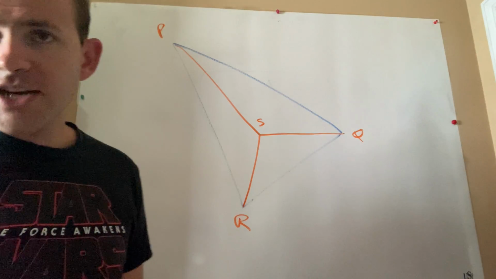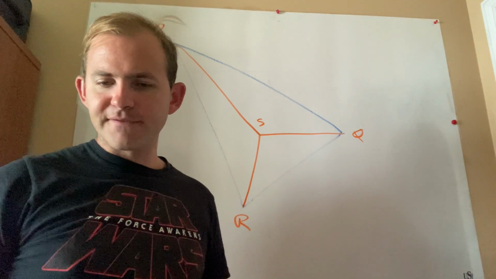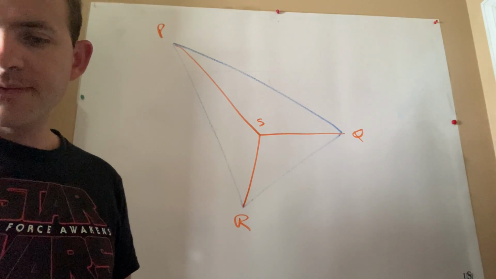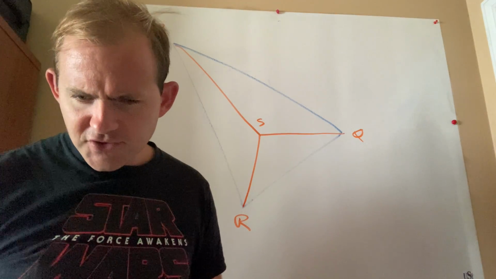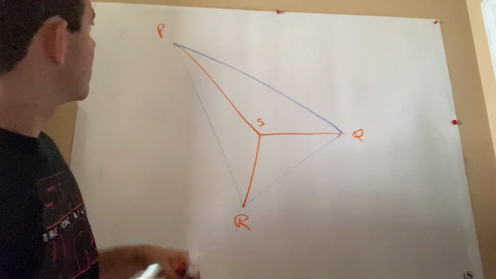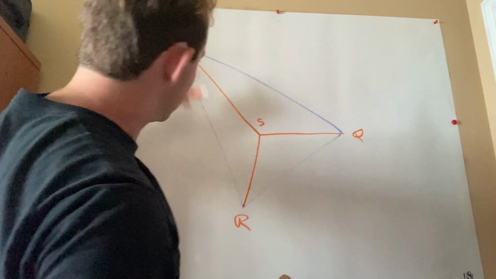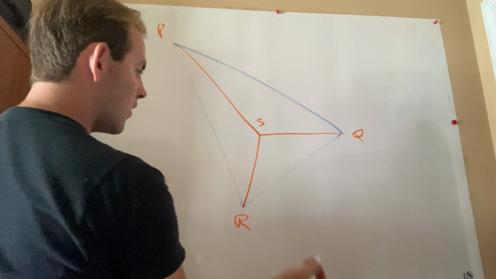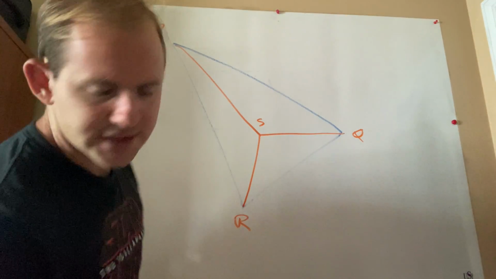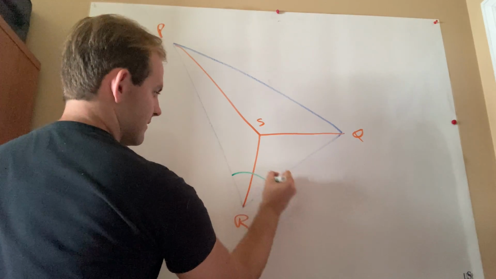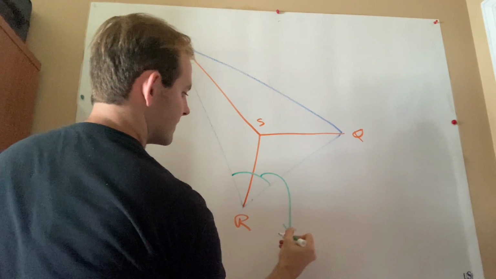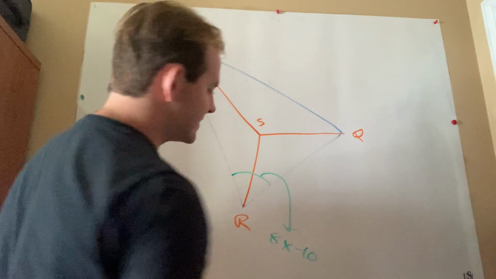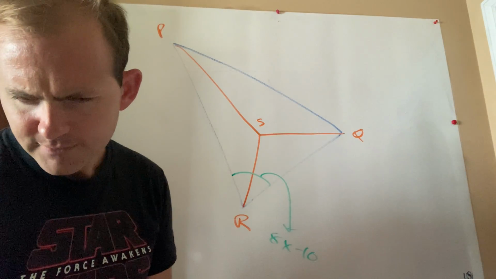Okay, so what I actually do want to do, guys, is put the information they gave me in the problem in the diagram itself. So angle PRQ, the whole thing, is 8x minus 10.